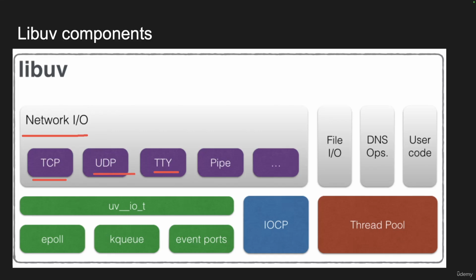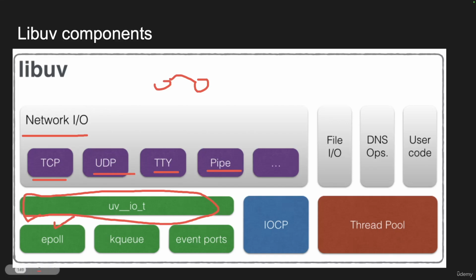If you want to read from the input, it's stdio, and you write to the screen, text-based terminals, right? Pipes, like Unix pipes, how to talk between two different processes using pipes, and of course other examples as well. And there is this big interface called uv_io_t, which sits on top of anything Linux.